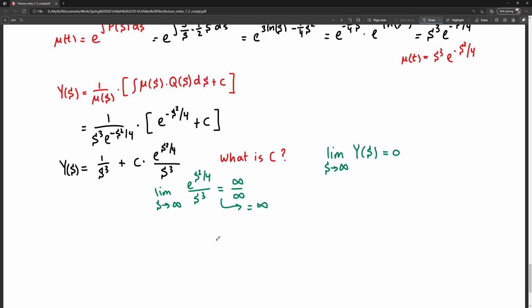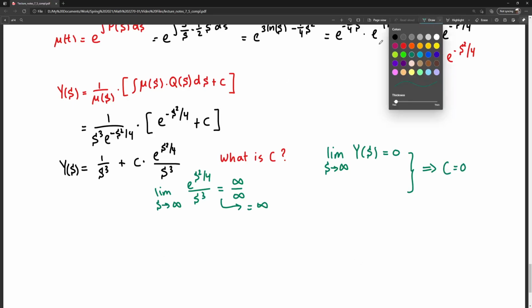That limit is infinity. But that would contradict the other limit unless we let c be equal to 0. So the only way this can hold is if c equals 0.